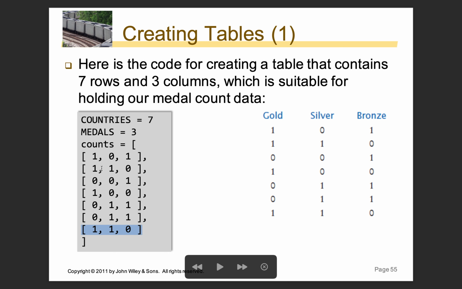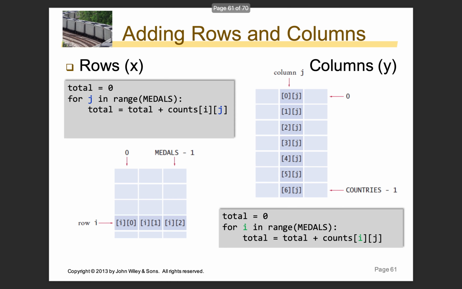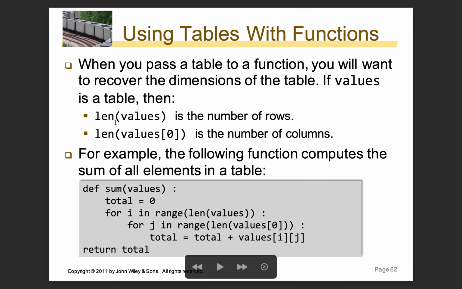So the length of counts is 7. It has 7 elements. Okay, so that's to work out the number of rows. Len values 0, so we go into our first list, our first element, which happens to be a list. We find out the length of that list. That gives us the number of columns.